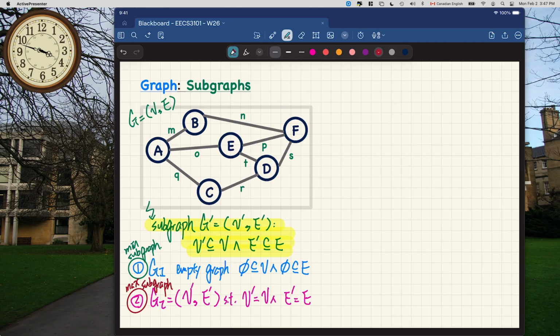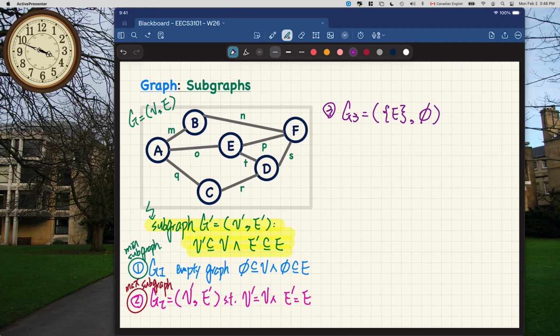All right, and then let's now just look at some other example, right? Let's say this one here. G3. Let's say I just want a one vertex graph. How about G3 is simply like that. It contains just the E vertex and then no edges. Is it a subgraph?